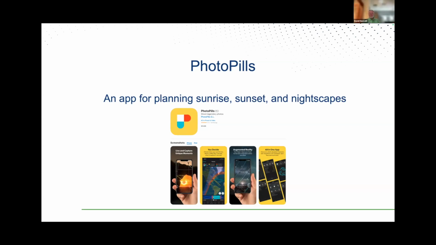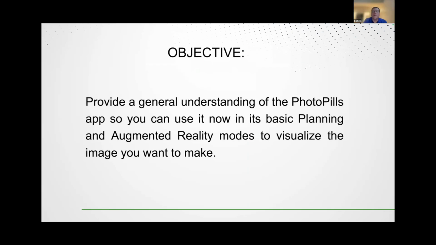But I'm hoping that by the end of this session, you'll have enough of a general understanding that you can go ahead and put together a plan for sometime in the future, and figure out where the best location for sunrise, sunset, meteor shower observation, etc. is in this area.